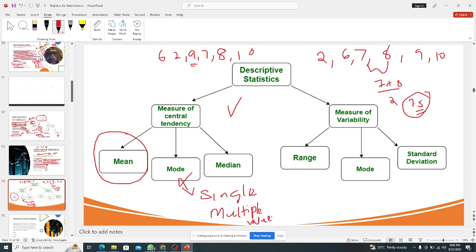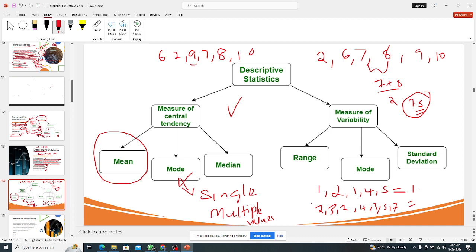Like for example, let's assume I'm having 1, 2, 1, 4, 5. So what is our mode here? 1. It is 1, correct? What about maybe if I have this set of data, 3, 2, 4, 3, 5, 7.